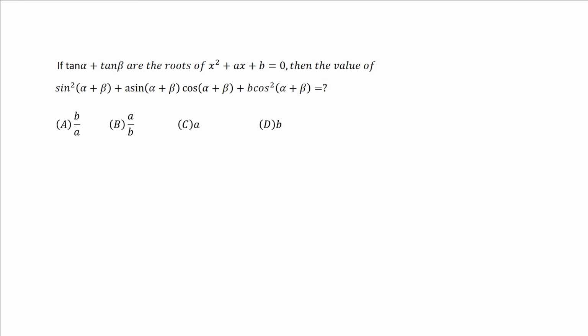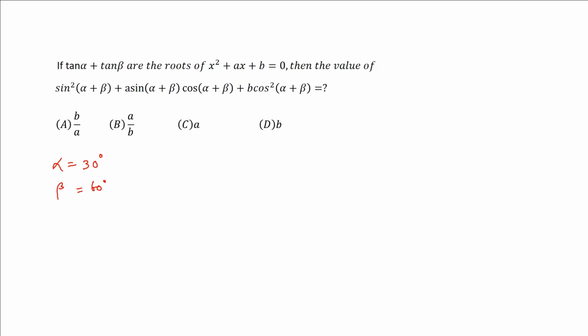Suppose we take alpha equal to 30 degree and beta equal to 60 degree. Look, if we take this type of values, 30 plus 60 is 90, so sin square (alpha plus beta), sin (alpha plus beta) and cos (alpha plus beta), we get the values very easily.